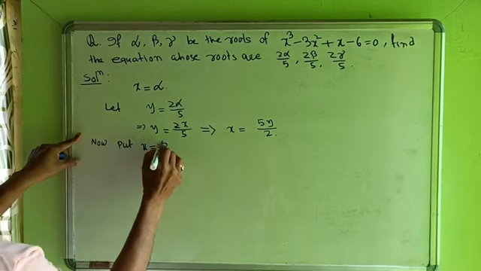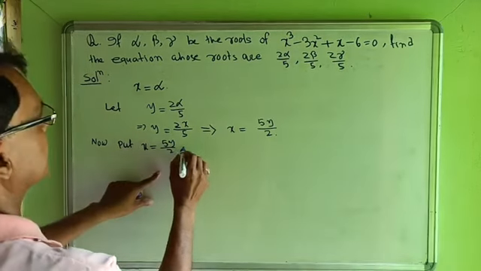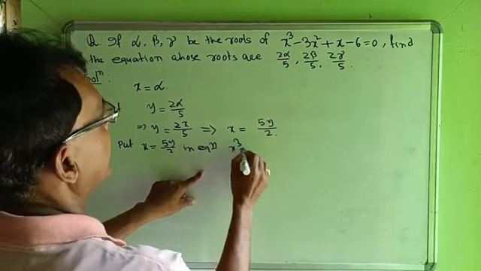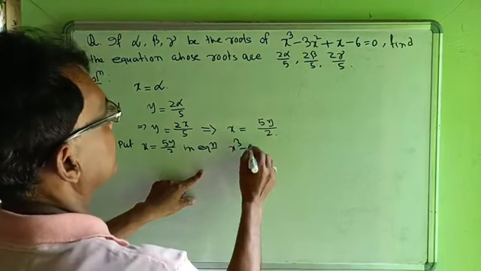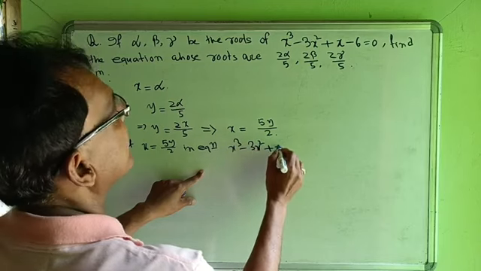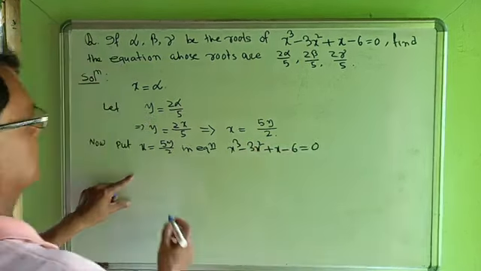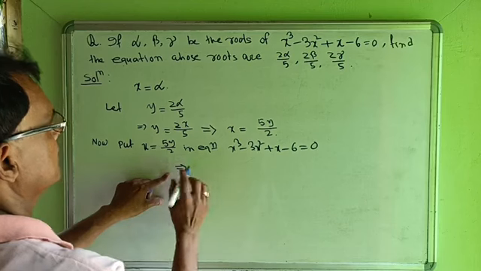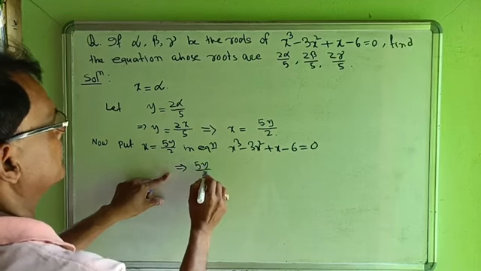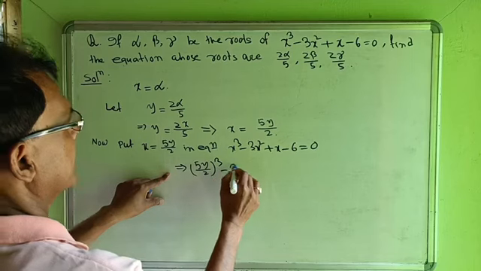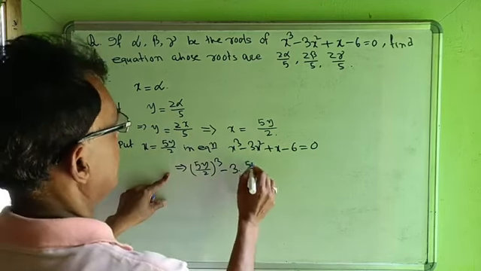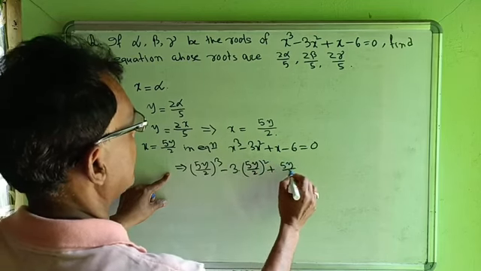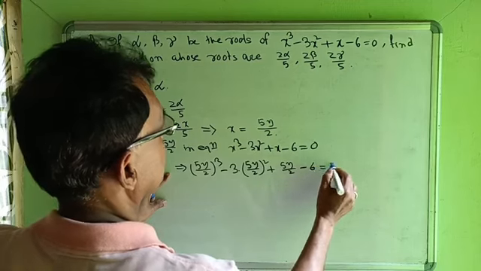in the given equation, that is x cube minus 3x square plus x minus 6 is equal to 0. This implies we get (5y by 2) whole cube minus 3 times (5y by 2) whole square plus 5y by 2 minus 6 is equal to 0.